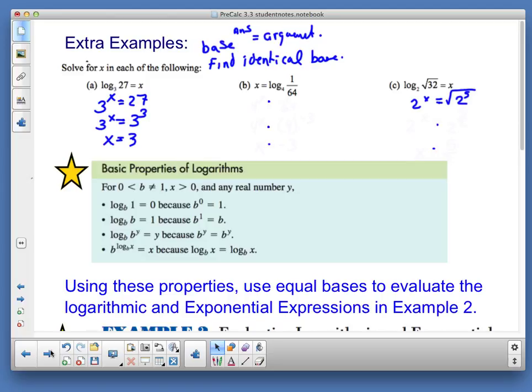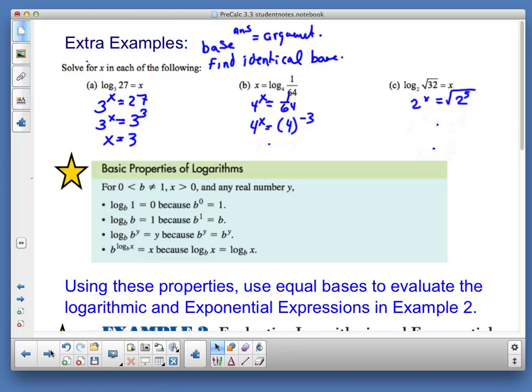In this next one, I've got log base 4 of 1/64. So I have to be thinking 64. Did you know that's a cube? 4 to the third power is 64, but 1/64 is 4 to the negative third power. So I've got 4 to the x, my argument, equal to 1/64.